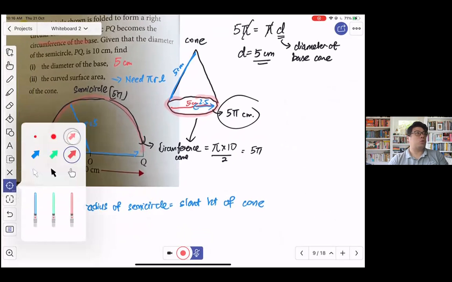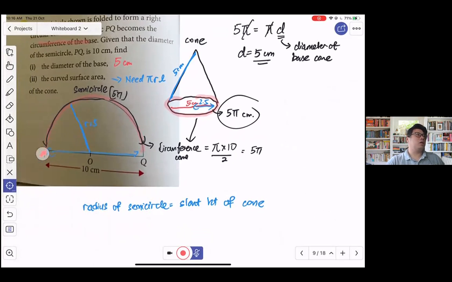Okay, because when you fold this up, when this red line outline forms the base, this radius of the semicircle actually forms the slant height of the cone. If you don't believe me, just try it out. Just cut out a piece of semicircle and roll it up. When you get a cone, this radius actually forms the slant height of the cone.